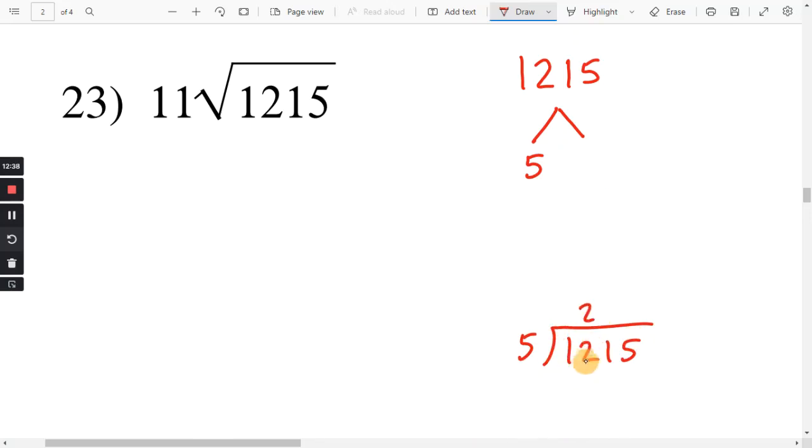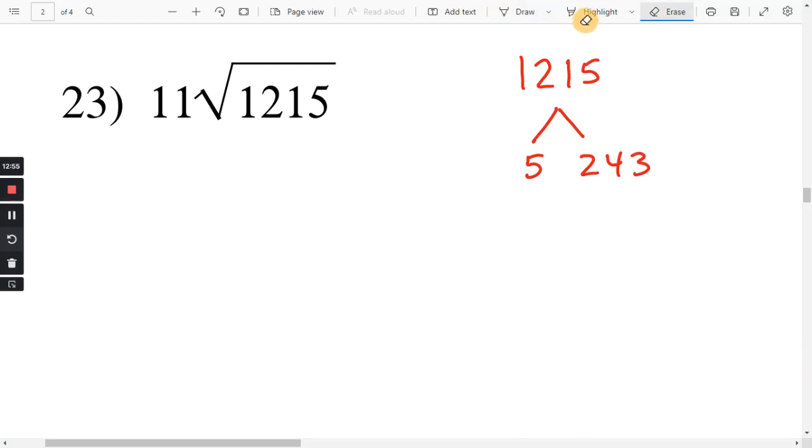Let's see. 2 times 5 is 10. Carry the 1. 4 times 5 is 20. Carry the 2. That's going to be 243. All right. And let's see. 2 plus 4 is 6, plus 3 is 9. So I know 243 is divisible by 3.